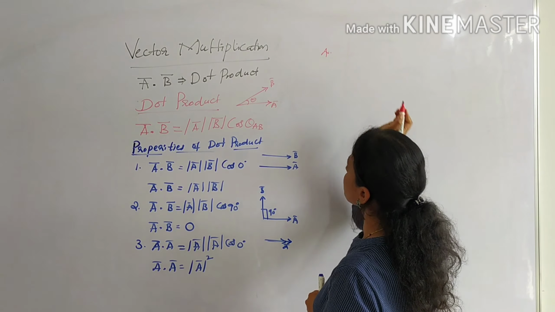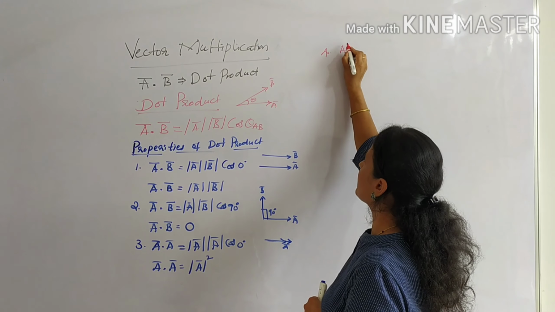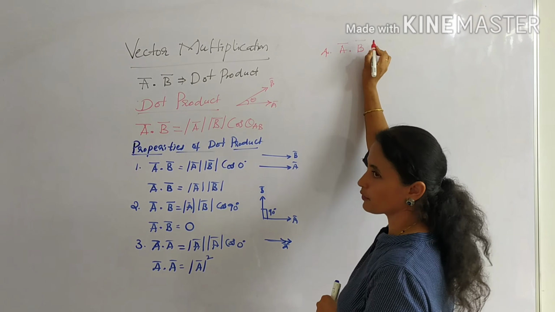The fourth property. Does the dot product obey the commutative law? Is A bar dot B bar the same as B bar dot A bar? Let us check. This one is the magnitude of the first vector, the magnitude of the second vector and cos of the angle theta, from A to B. In the dot product of B bar with A bar, it is cos of minus theta, and cos minus theta is cos theta only.